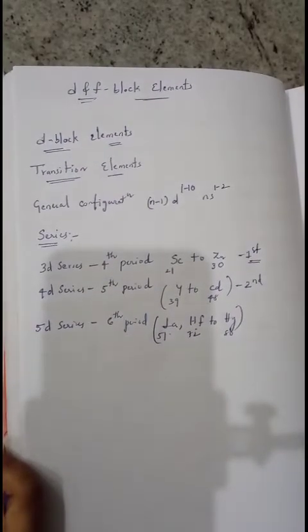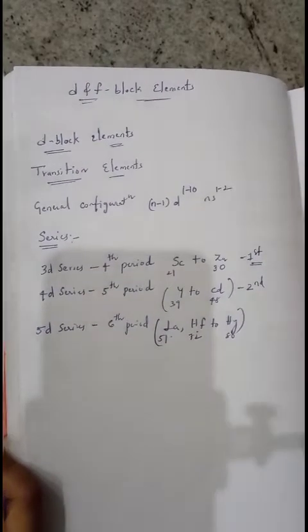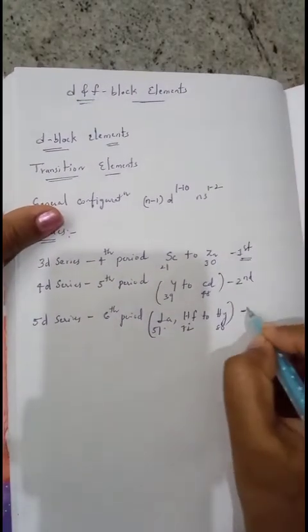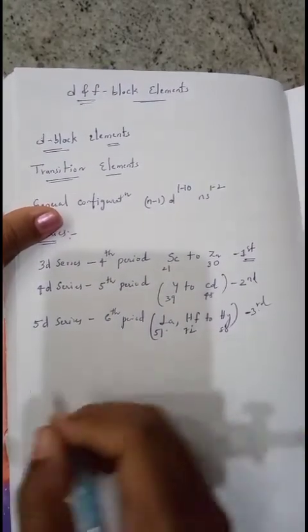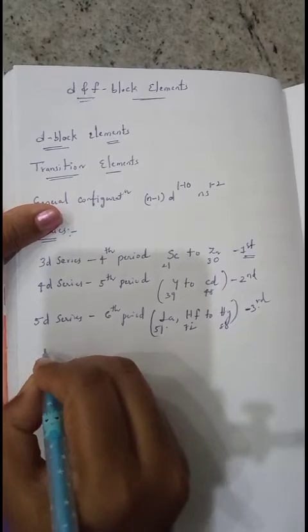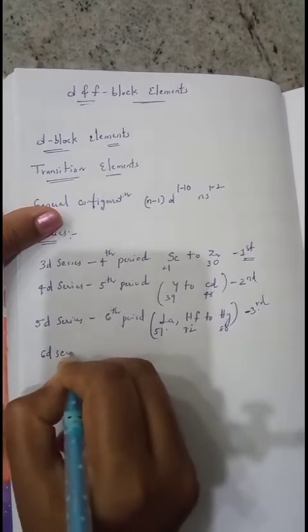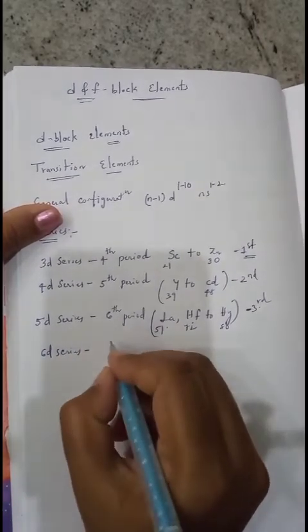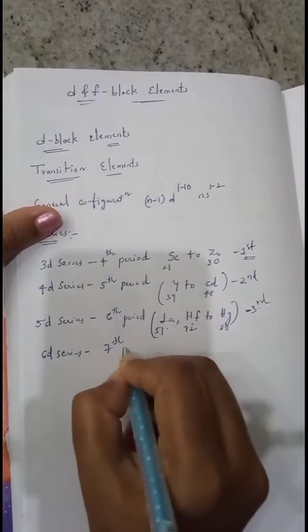These elements belong to this 5d series, and it is known as the third transition series. Next, the 4th transition series is the 6d series, or it is also known as 7th period elements.